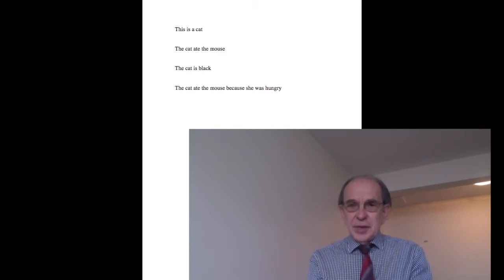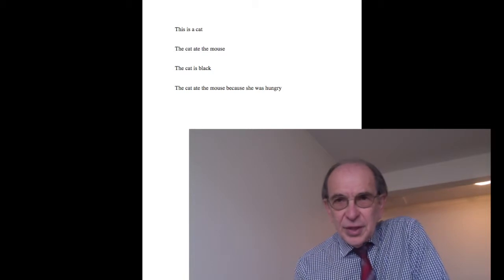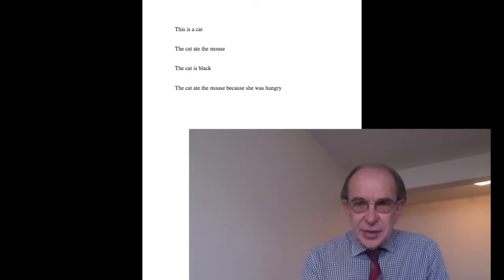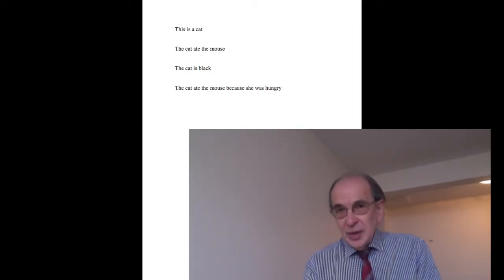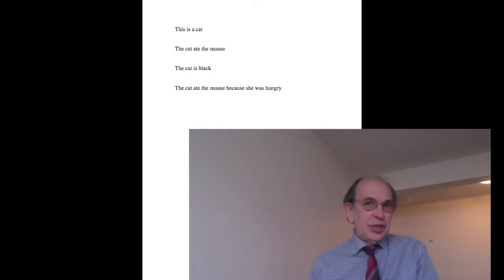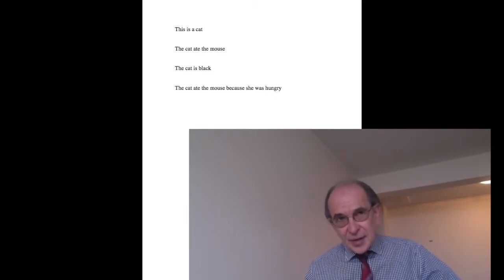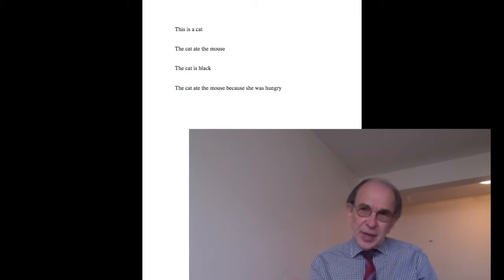Each of these sentences involves relationships, correct? Now if we look at one more sentence, the cat ate the mouse because she was hungry, that's a way more complicated relationship. But it's still a relationship between the cat eating an animal, eating, and being hungry. That's a more complex relationship.